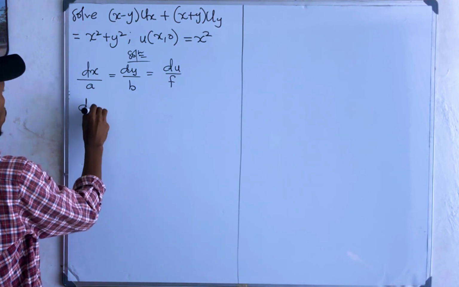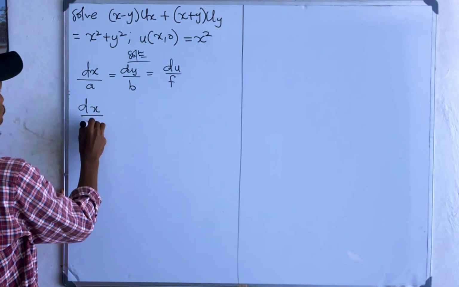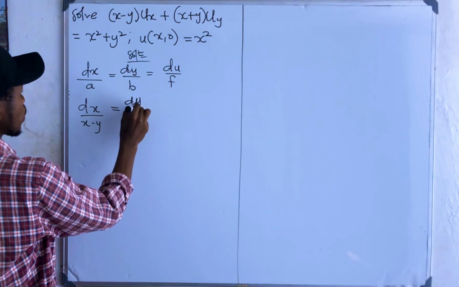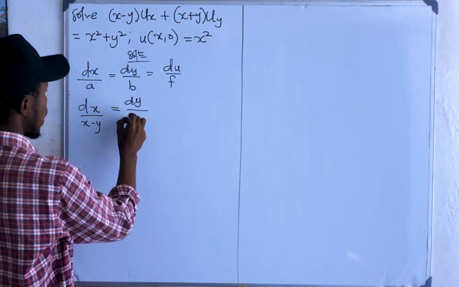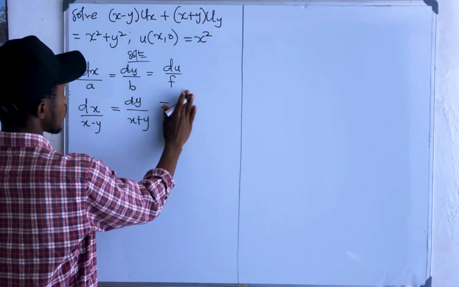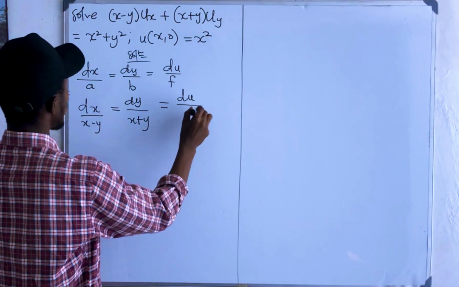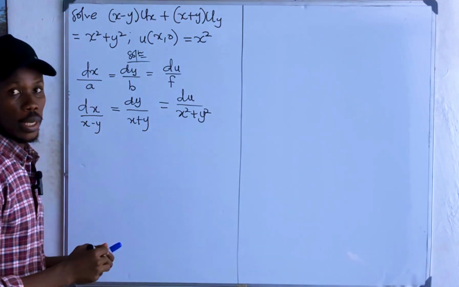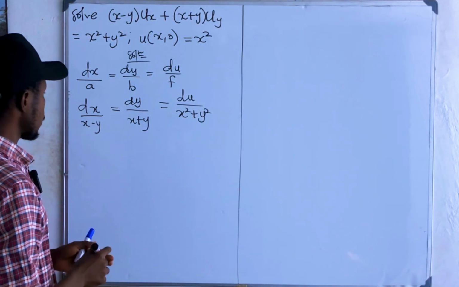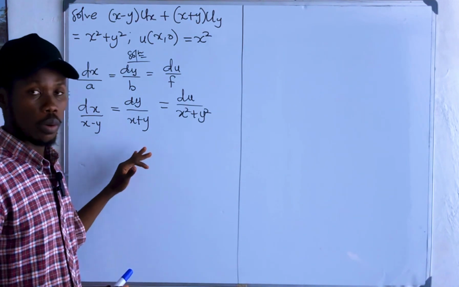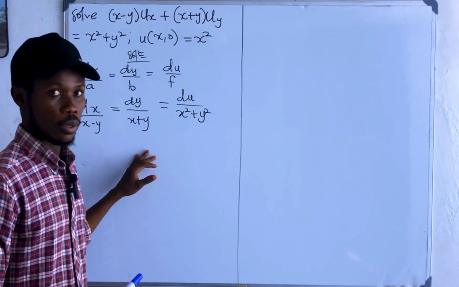So here we have dx over x minus y equals dy over x plus y, and this equals du over x squared plus y squared. Is that okay? So this is what we have. Now you know how to use the method of characteristics. If you don't know, you can go and watch the video, as I said.